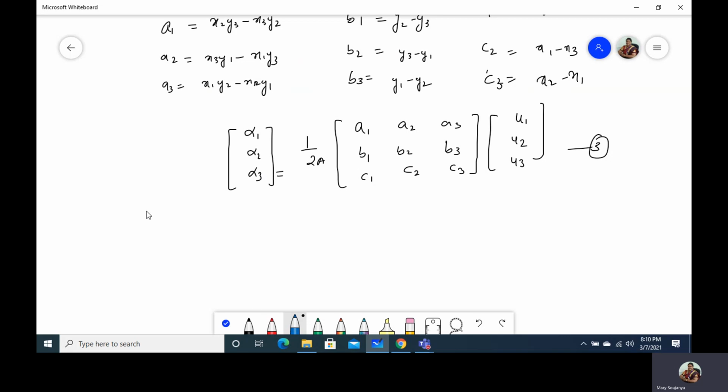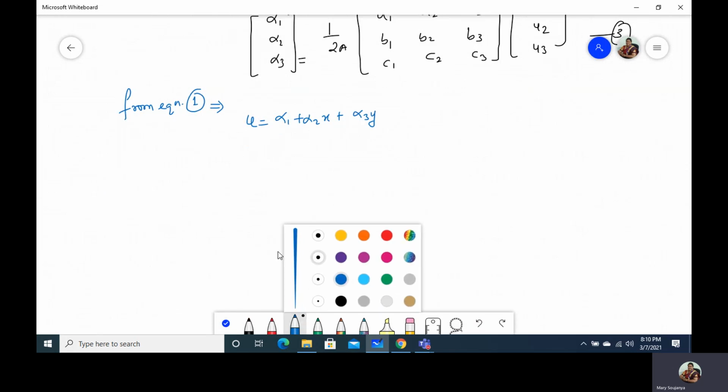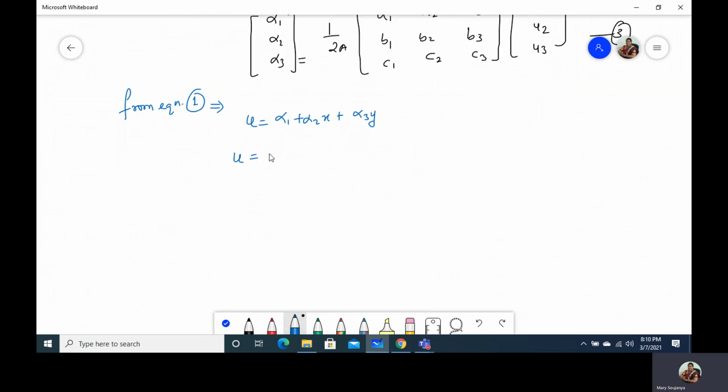Now, from equation number 1, we know u is equal to alpha 1 plus alpha 2x plus alpha 3y. Now, if this equation is rewritten, u is equal to [1 x y] into alpha 1, alpha 2, alpha 3.